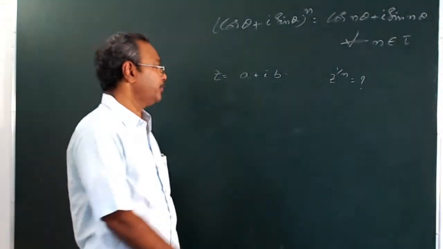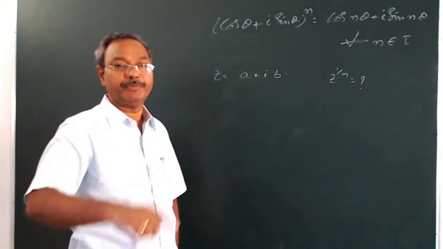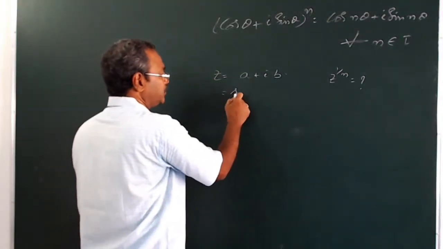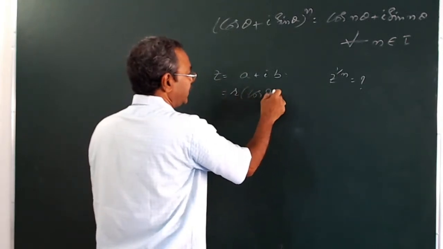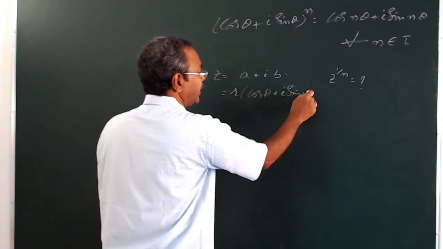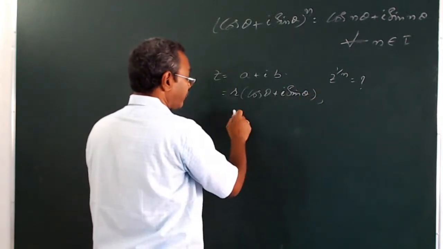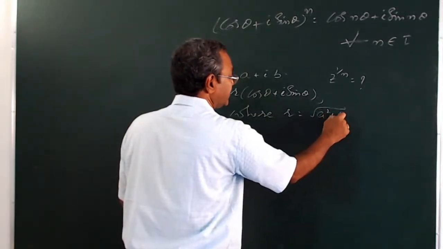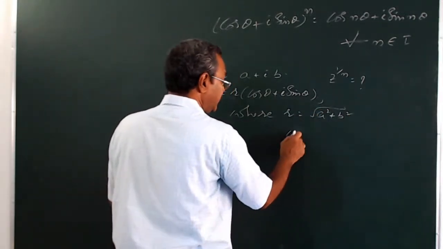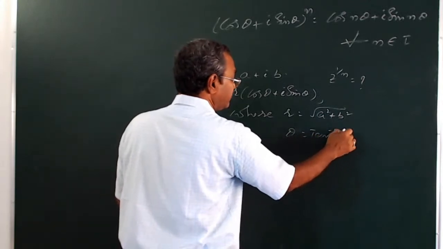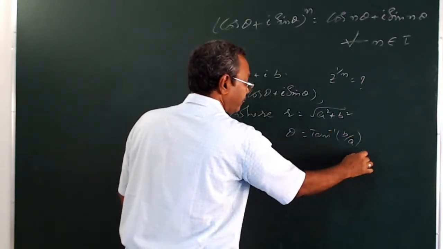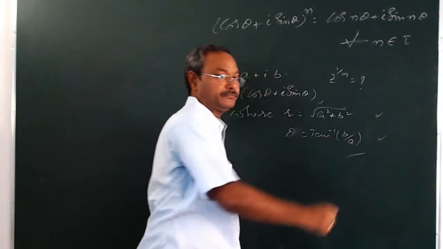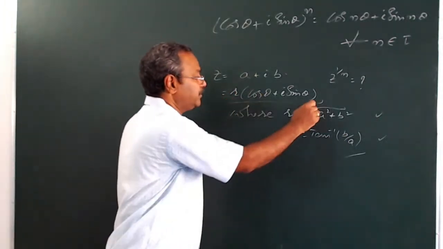So for that you have to convert this complex number to the mod amplitude form, which is r into cos theta plus i sin theta, where r is equal to square root of a square plus b square, and theta is equal to tan inverse b by a. So it's pretty easy to find r and theta. Once you have r and theta, you have this z in the mod amplitude form.